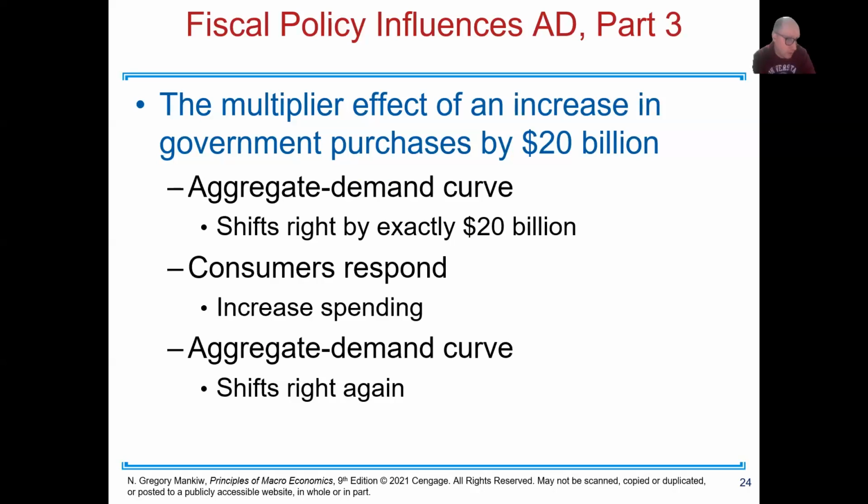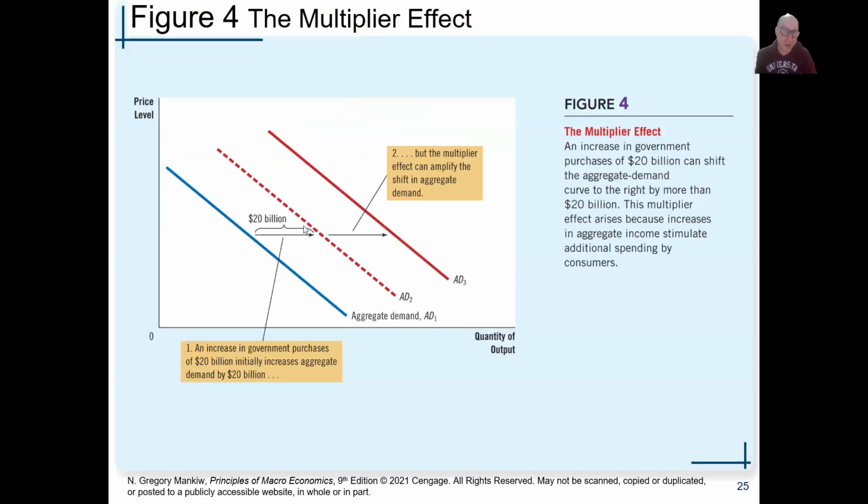They spend more, therefore wages are higher, individuals spend more. You see, it's the multiplier effect. The aggregate demand curve shifts to the right, there's increased spending, it shifts to the right again. Increased spending leads to increased wages, which leads to increased spending.